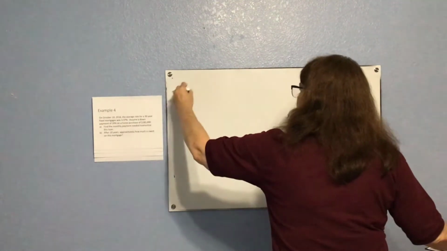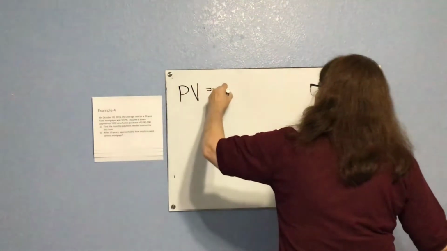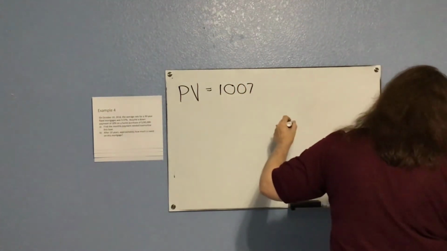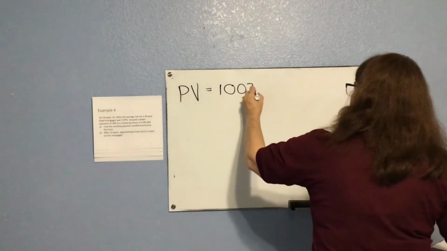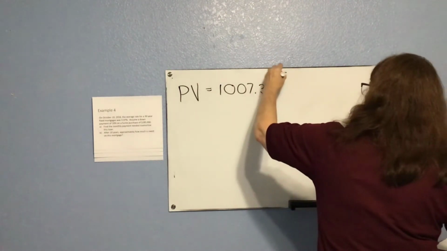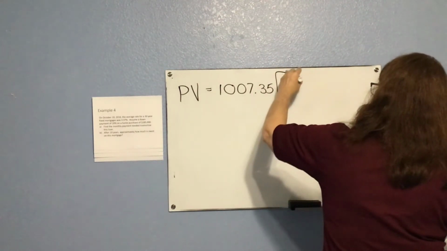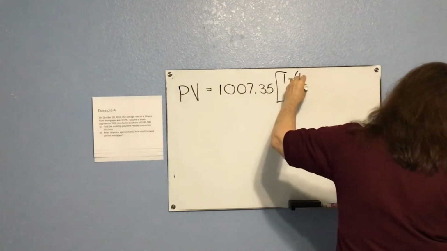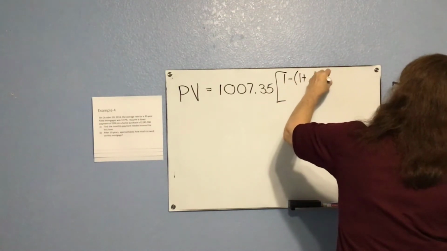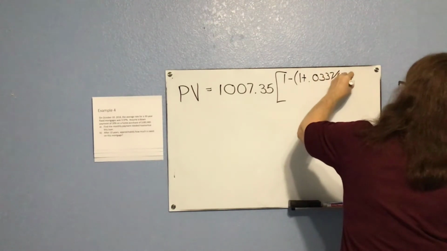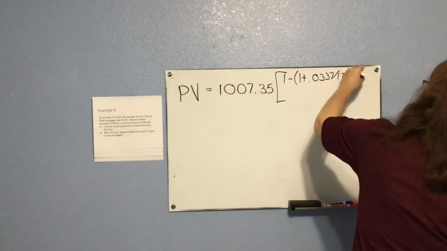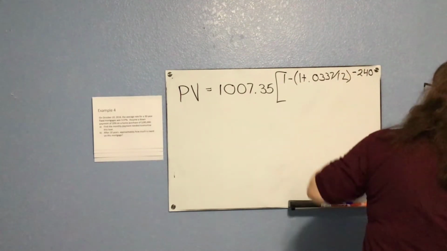Our present value is equal to $1,007.35 times 1 minus 1 plus 0.0337 over 12 to the negative 240.